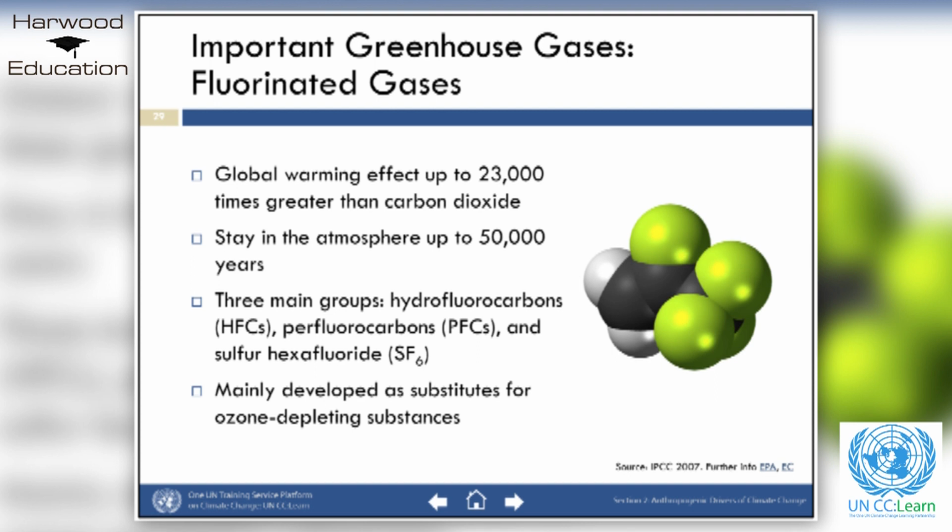There are three main categories of fluorinated gases: hydrofluorocarbons, HFCs, perfluorocarbons, PFCs, and sulfur hexafluoride, SF6. Further information. Hydrofluorocarbons, HFCs, are the most common group of F-gases.